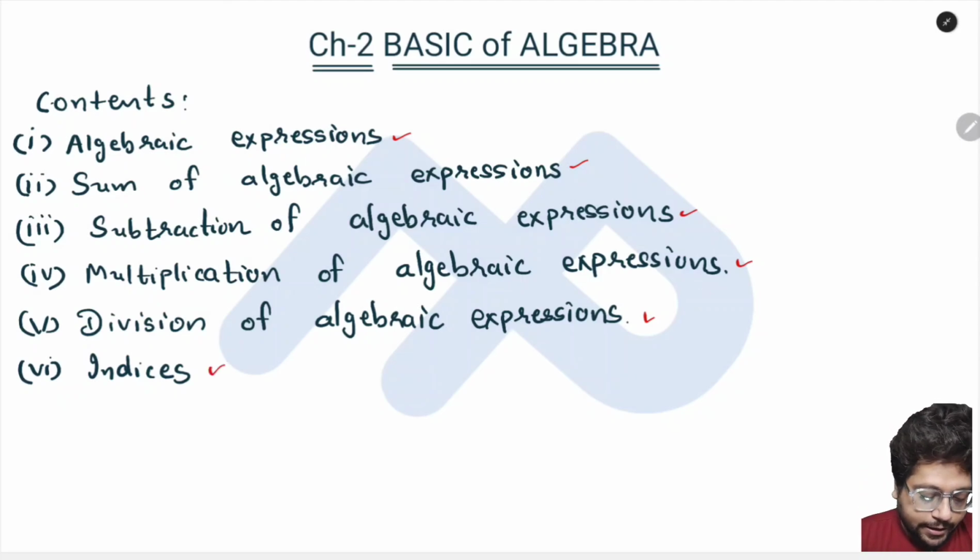I've already told you that in the first chapter there is a topic indices, and the same topic is repeated in the second chapter. So here we'll give it a quick revision about the indices, and for the full explanation of the indices, as well as all the questions, which are the same, you can check out the videos we have created for the first chapter, where there is one dedicated video in which I have explained everything about the indices, all the identities, and how you can solve the questions based on that.